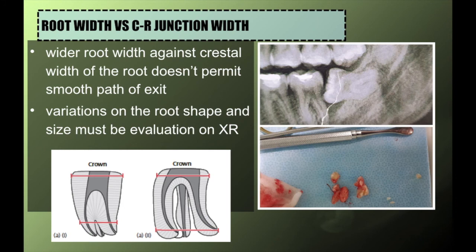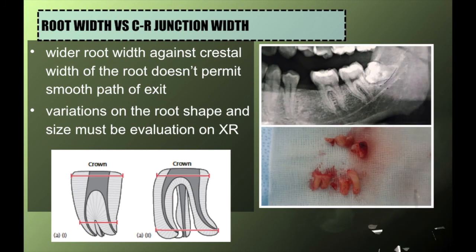When you have a wider root width against a crestal width, then you have bony undercuts in your root that may not permit a smooth path of exit. Thus, variations on the root's shape and size must be evaluated properly on your radiographs.